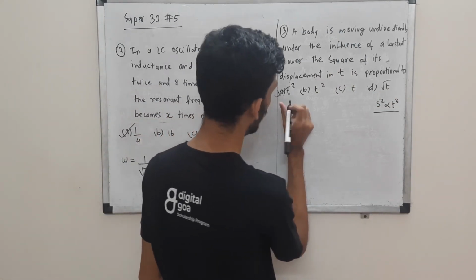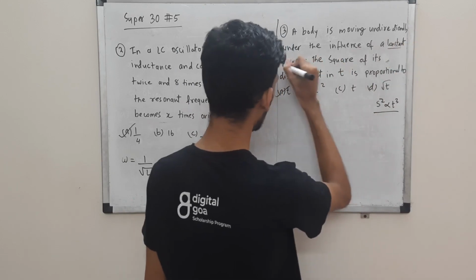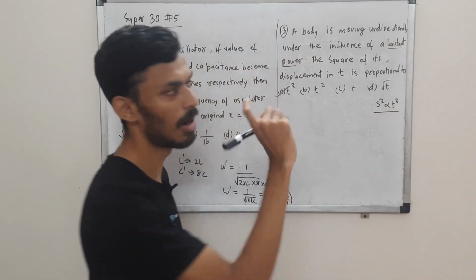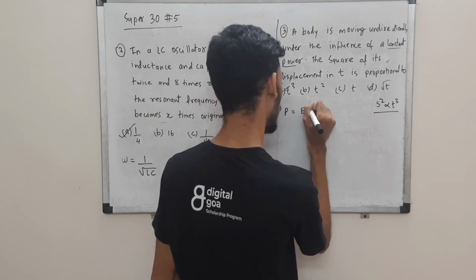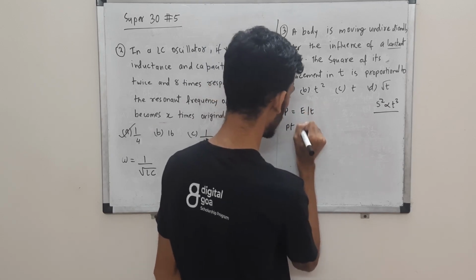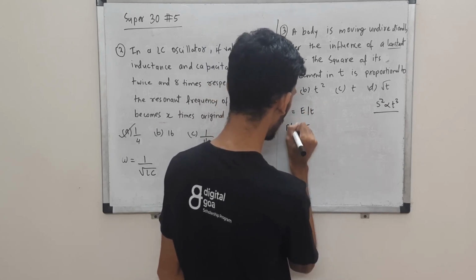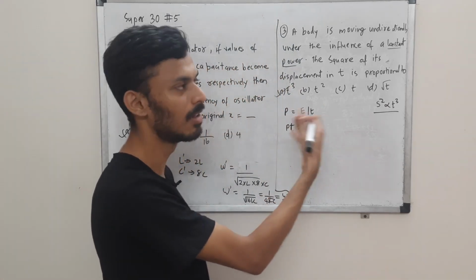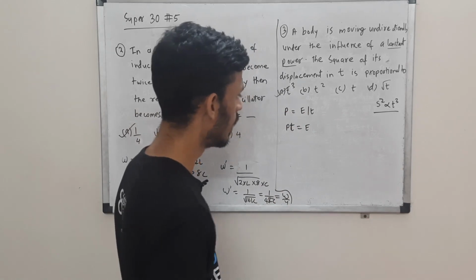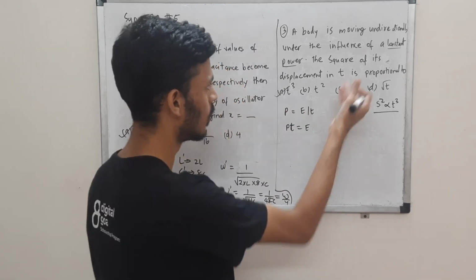So we are given constant power. We'll start from there. We can treat power as a constant. Power is E by t, right? So Pt is E. I wrote this relation because there is a t term, and power is constant, so I can find a proportionality to t. That is what we want, right?